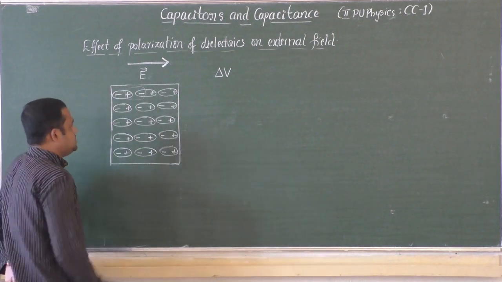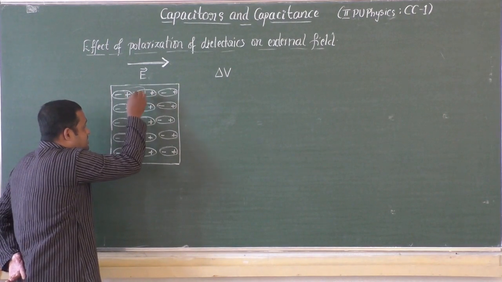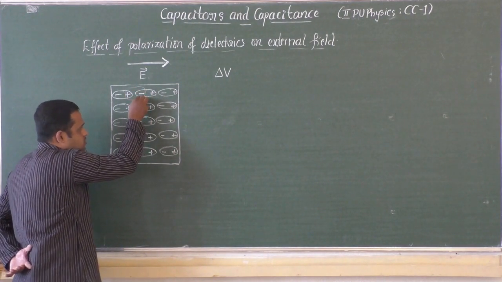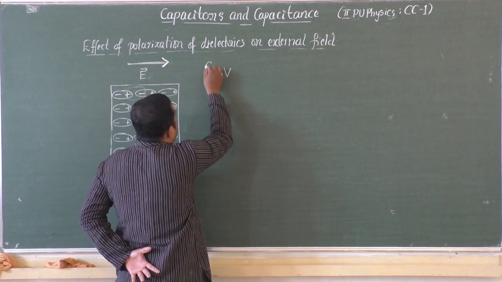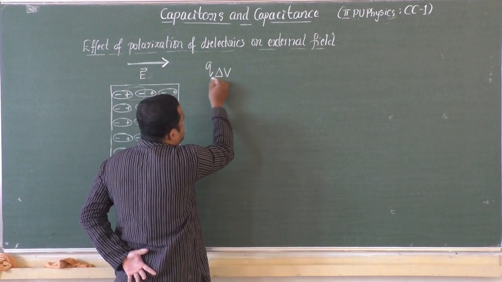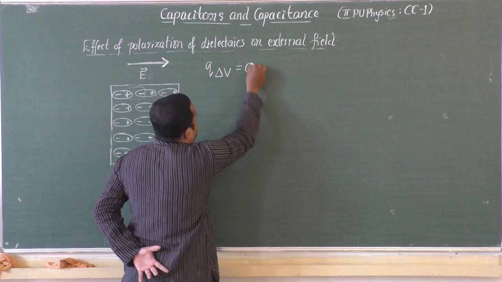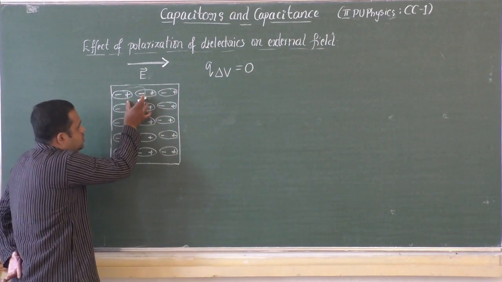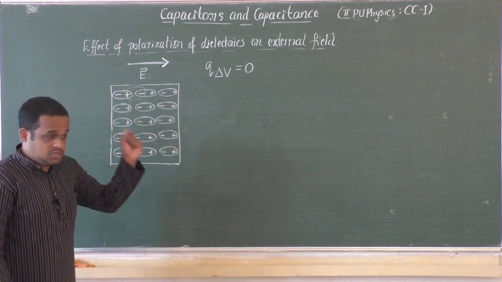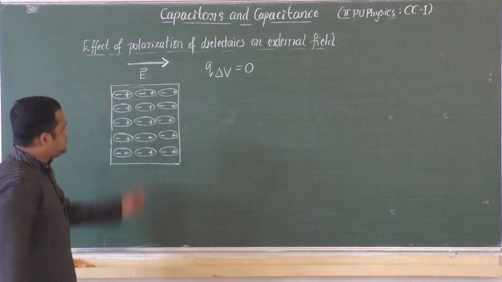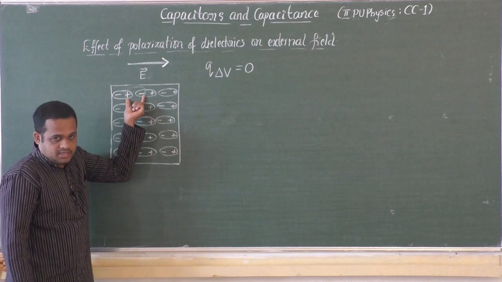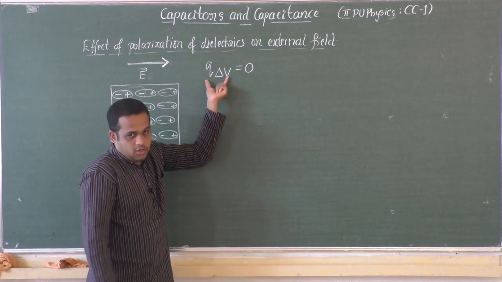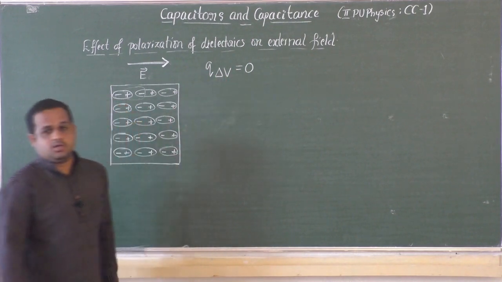As a result of this, if you calculate the net charge of this volume element, I represent it as Q delta V, it is equal to 0. So, if you consider a small volume, inside that volume, the positive charge of one molecular dipole sits close to the negative charge of the other. As a result, the net charge of that small volume is equal to 0.